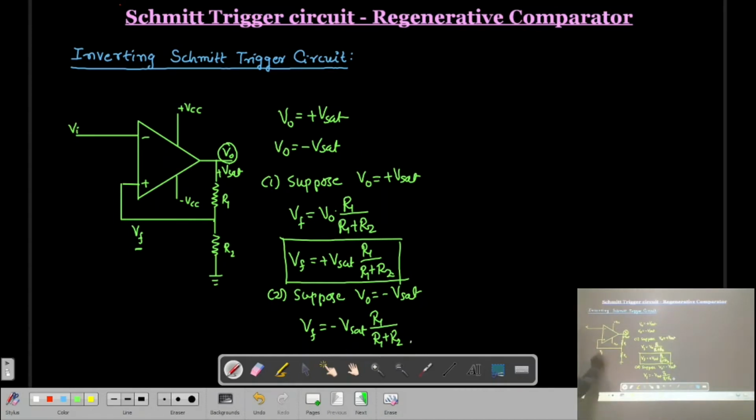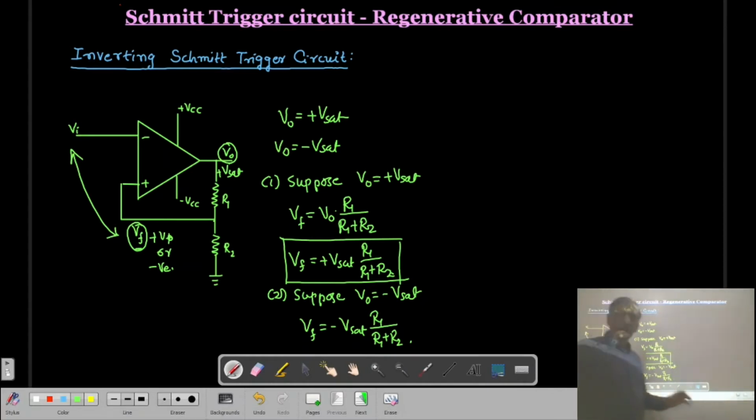So here we have two possibilities: this feedback voltage will be either positive or negative. This voltage is going to be compared with your input voltage, and correspondingly you will get the output.